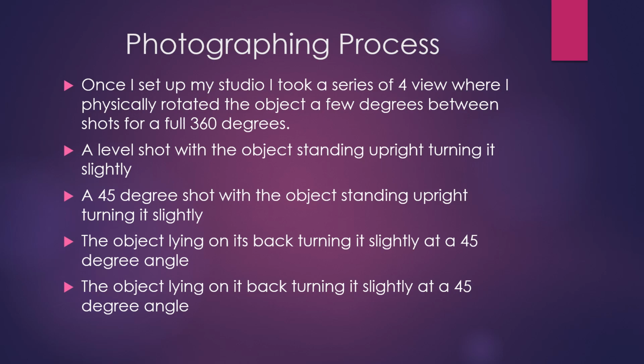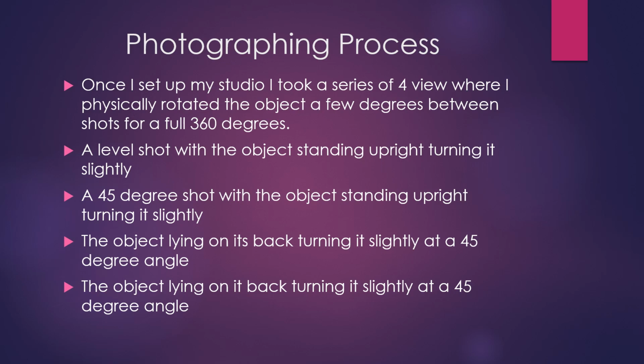I did one which is a level shot with the object standing upright, turning it slightly between shots. Then I raised my camera so that I was looking down on the object at about 45 degrees, with the object again standing upright and again turning it slightly until I completed a 360-degree rotation.